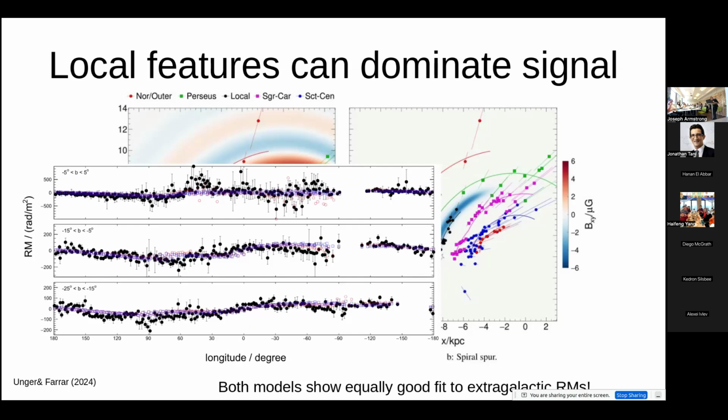So what you're seeing here on the top panel is the predicted Faraday rotation from each of the two models in red and black squares, kind of hard to see, and the black dots are the actual observations, at higher latitudes, so different latitude cuts basically. Two models, very different structures within them, produce very similar observables on the sky. So that's the problem. How do we solve it?